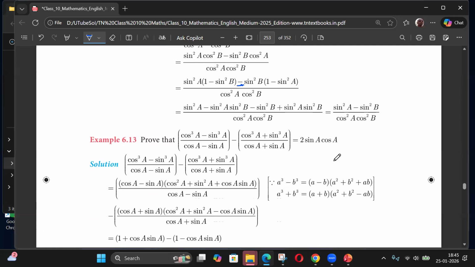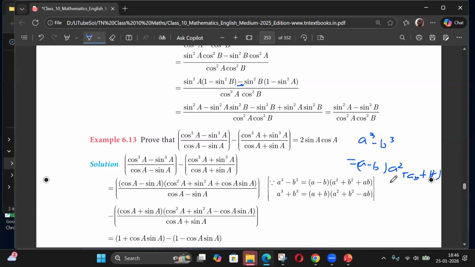Here also you can get a hint. Do you know this identity, a cube minus b cube equal to what? a minus b into a square plus ab plus b square.